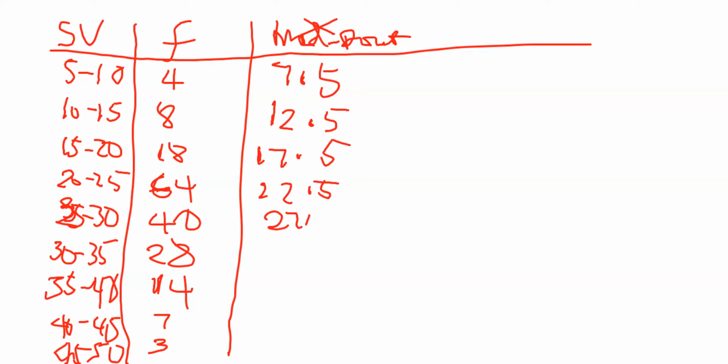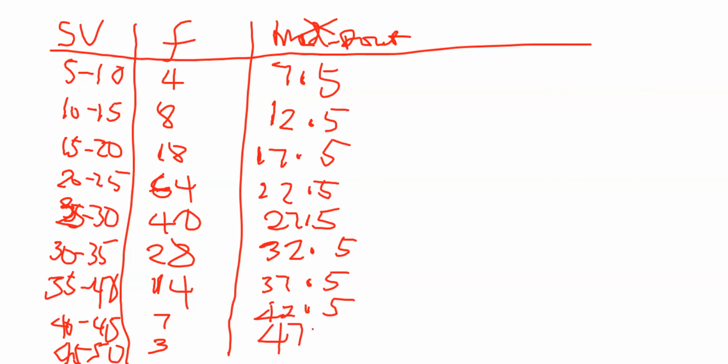Help us cross-check if you know what we're doing. 32.5, 37.5, 42.5, 47.5. I hope I got all. This is 1, 2, 3, 4, 5, 6, 7, 8, 9. Correct.